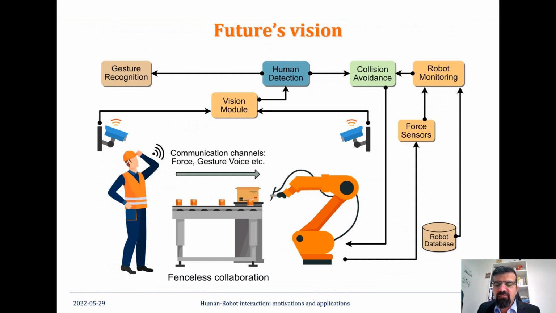At the same time, the environment is safe enough for the human to work side by side with the robot, using sensors and vision systems to monitor the environment, detect any potential collision, and avoid that collision.